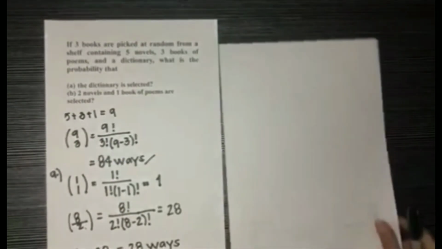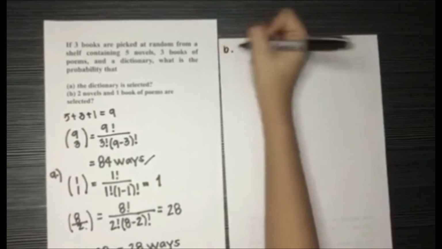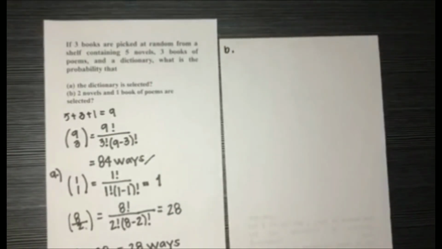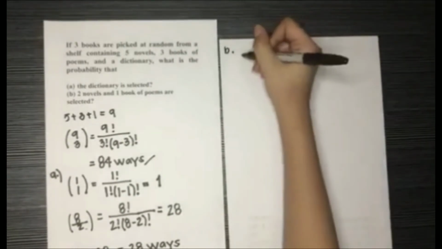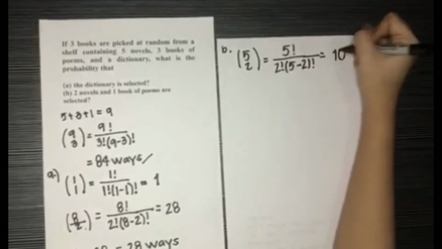So, for the second question, 2 novels and 1 book of poems are selected. We need to find the probability that 2 novels and 1 book of poems are selected. There are 5 novels on the shelf. We need to use combinations to calculate the number of ways to choose 2 novels. The number of ways to choose 2 out of 5 novels is 10 ways.